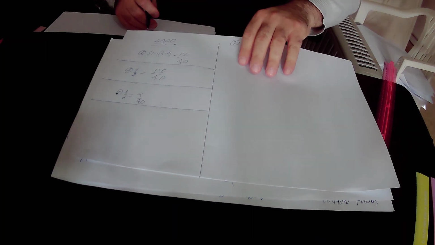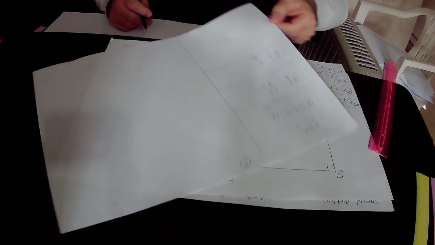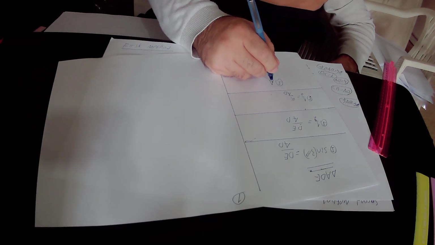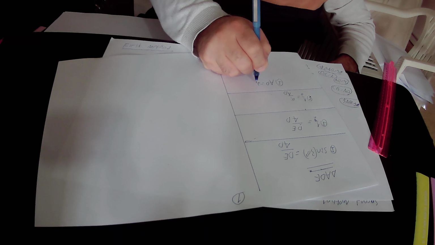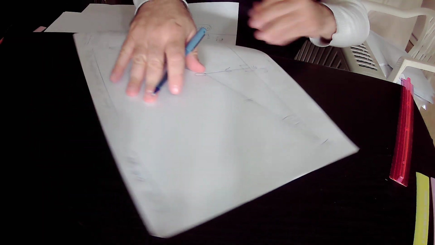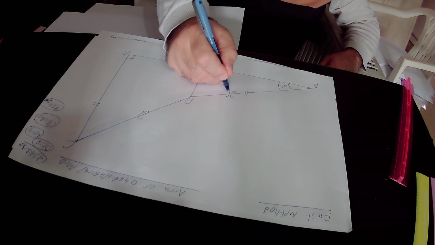Here we will cross multiply equation number 1, and we will get that AD equals 2A. So we actually found out that AD equals 2A.